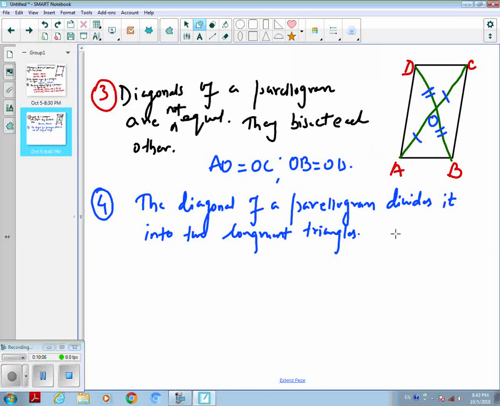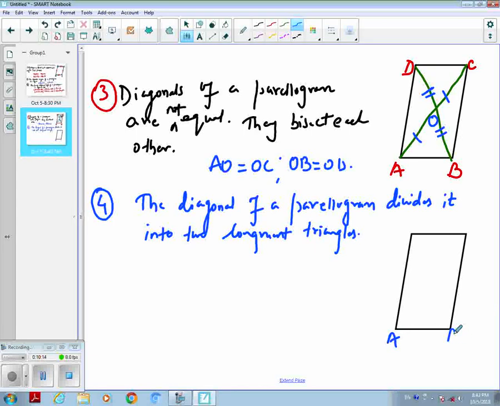This is a parallelogram ABCD. Let this AC be one of the diagonals.